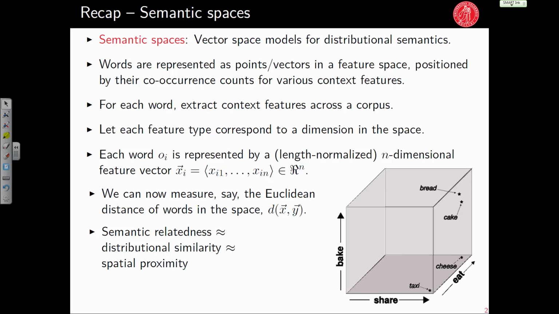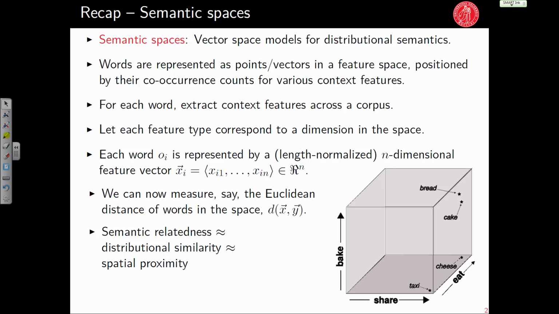As you can see, the word taxi here has a high value on the share dimension, because you expect sharing a taxi with someone to be somewhat common, in contrast to eat and bake, where it has almost a 0 value, because it's very unlikely that you would eat or bake a taxi.